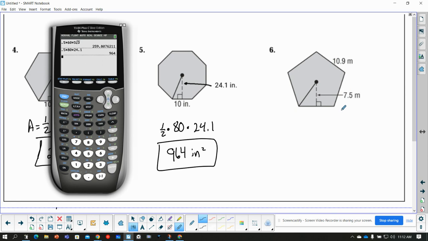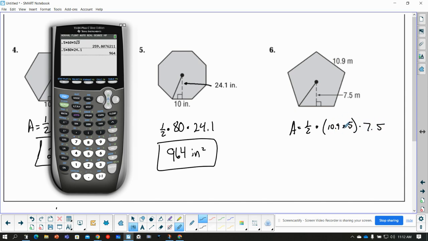And let's see, one side is 10.9, 7.5 centimeters is the apothem. So we're going to do 10.9 times 5 to find that perimeter. Let me write out what I'm going to do. Area equals 1/2 times the perimeter. Perimeter, I know, is going to be 10.9 times 5, right? Because there's 5 sides, and then times the apothem, 7.5. And so instead of doing this problem separately, I can do it right in there. 0.5 times 10.9 times 5 times 7.5.